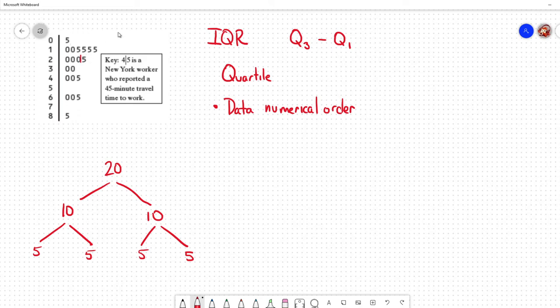The number between 20 and 25, so I get an average. That would be 45 divided by 2, which is 22.5. This is going to be my median, or you can think of the median as also being quartile 2, the 50th percentile.